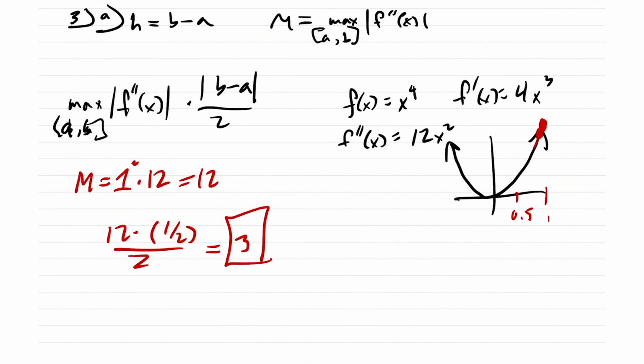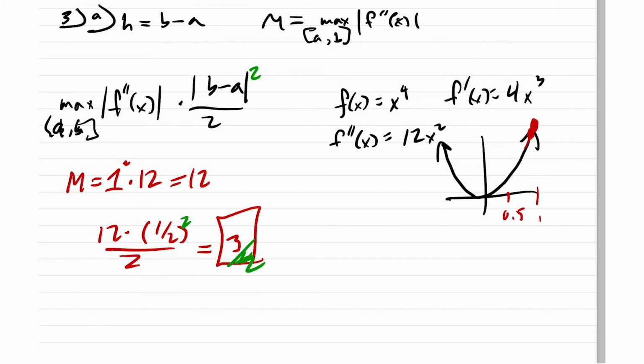Yes, that should be h squared. There for b minus a, so that's 1/2, and so that should be squared, so take this guy divided by 2. Sorry, my mistake.